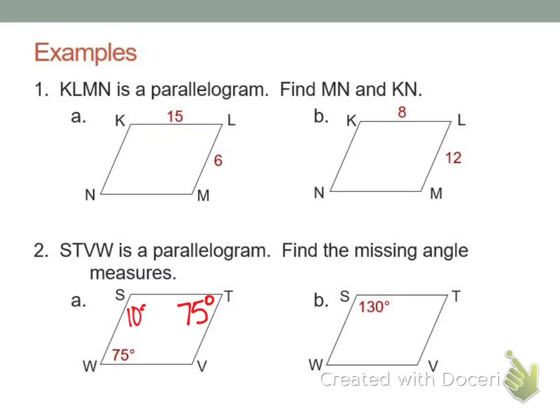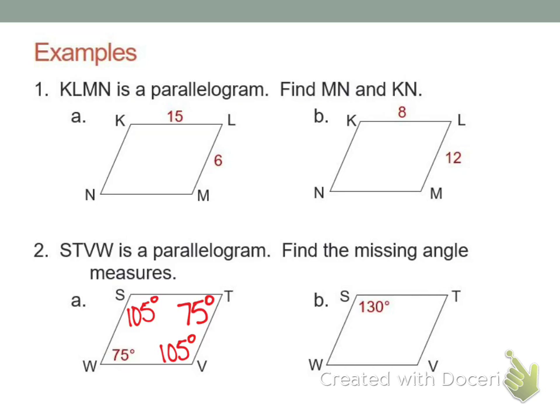So I've already heard some people say that those missing ones should then be 105. Questions about how we got those angles? 180 minus 75. 2 angles that are right next to each other should be supplementary.